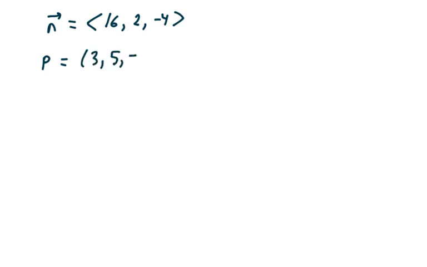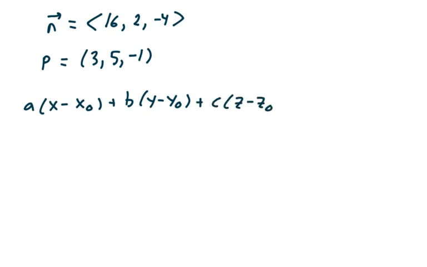Now, this is what we have. So we have n, which is equal to the vector 16, 2, negative 4. And the point P, well, that point is 3, 5, negative 1. Now, A times x minus x naught plus B times y minus y naught plus C times z minus z naught equals 0.